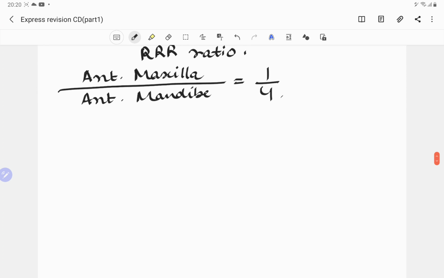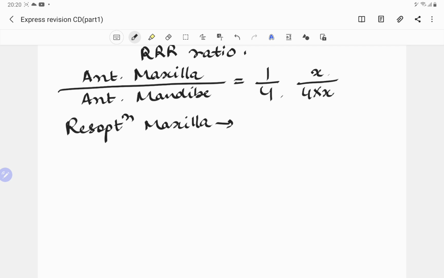That means the resorption in the maxilla is less. For example, if the resorption in the maxilla is x, so resorption in the mandible is going to be 4 times the x. So resorption in the maxilla is 4 times less than the mandible. So resorption in maxilla is less.